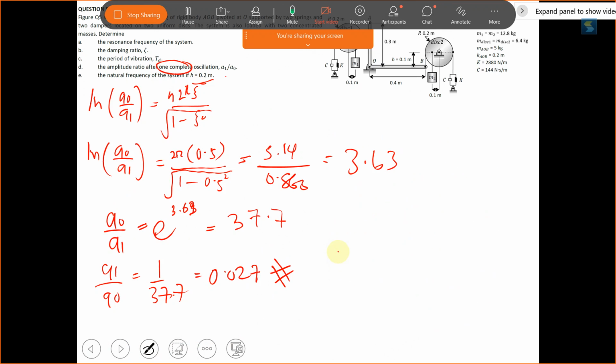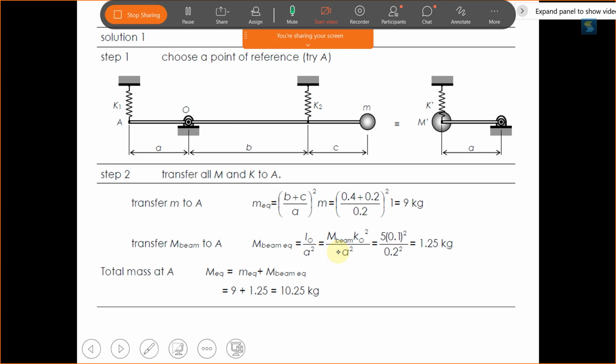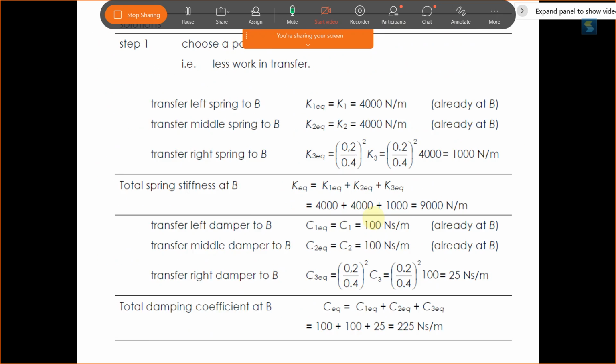What is the formula for TD? Wait, I'm confused. Right, TD equals 2 pi over omega d.